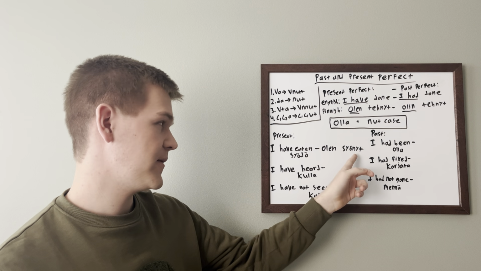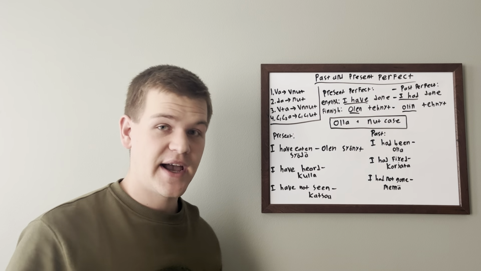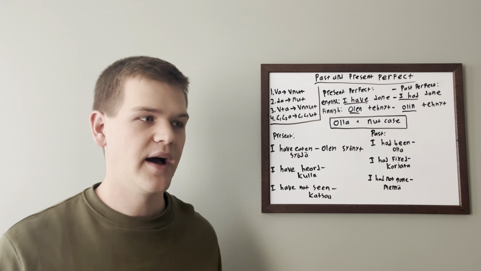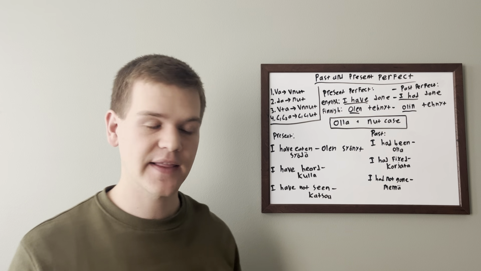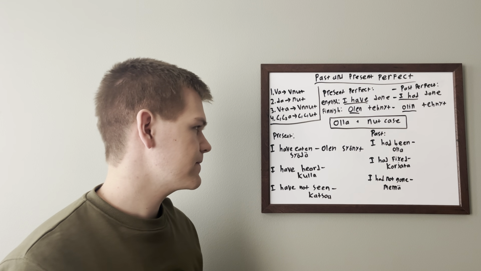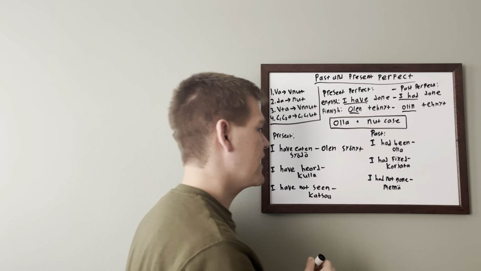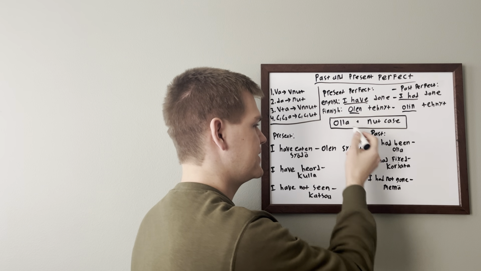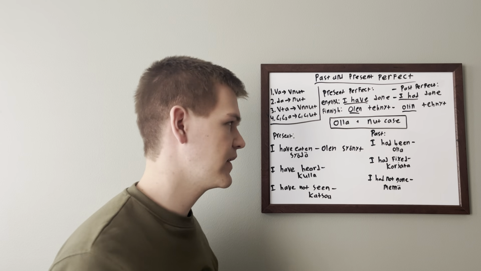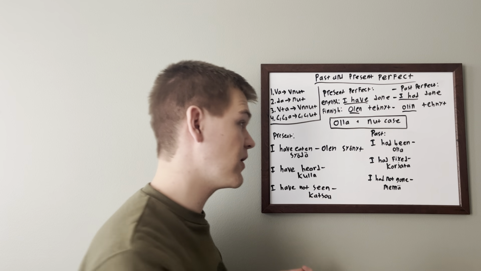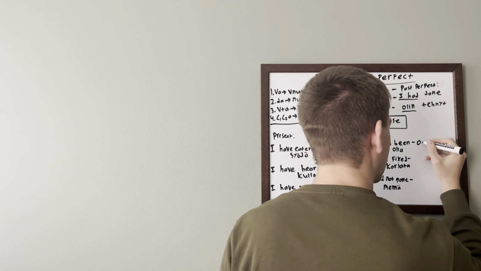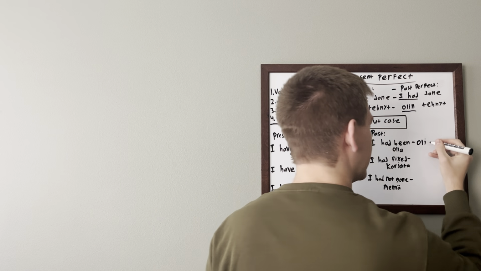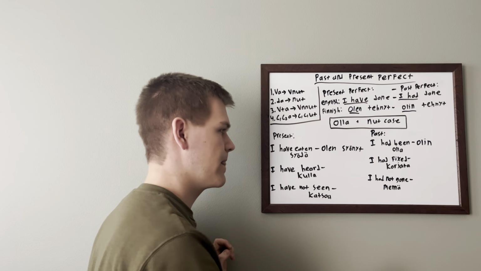Olen syönyt. On the other side, if we wanted to say I had been, maybe I had been sick or something like that, then, again, since we have this "I had," we're going to conjugate olla to past tense, which is, the stem would be oli, and then we'll add an N because of I. So olin.